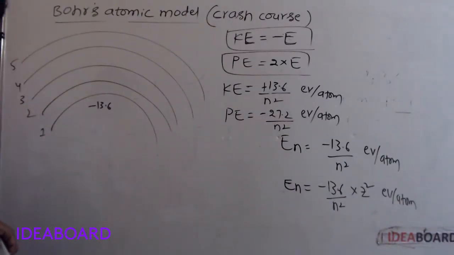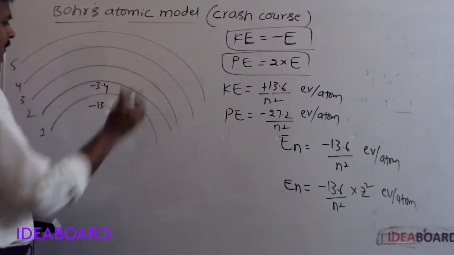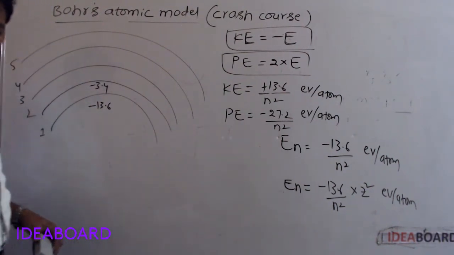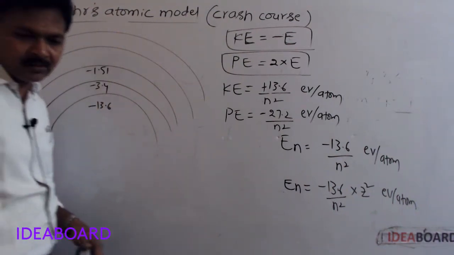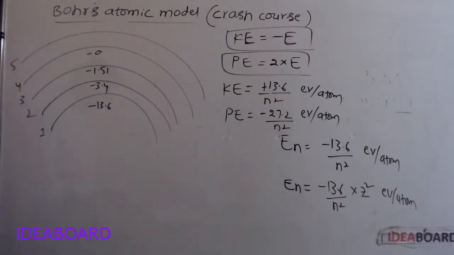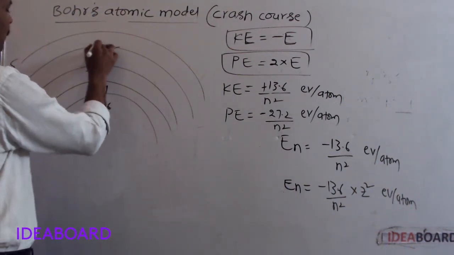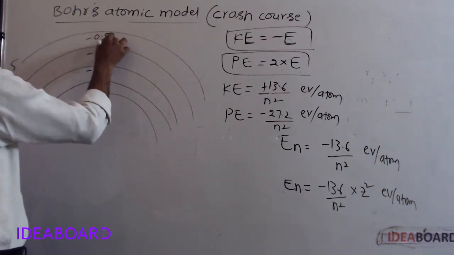Energy of the second orbit is minus 3.4. In the third orbit, minus 1.51. In the fourth orbit, minus 0.85. Fifth orbit, minus 0.55.